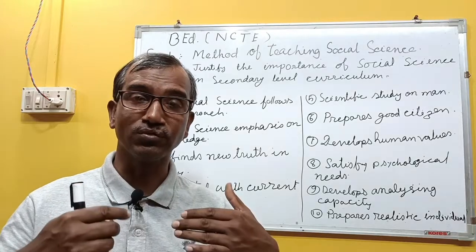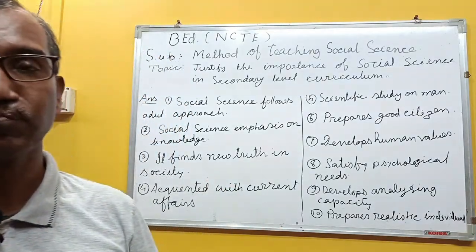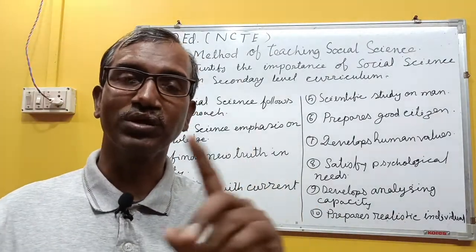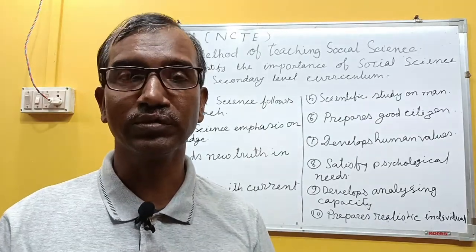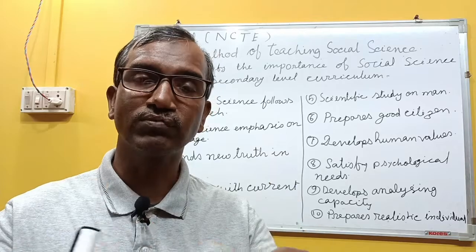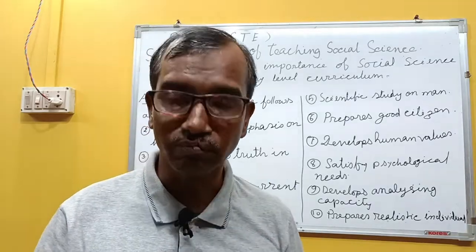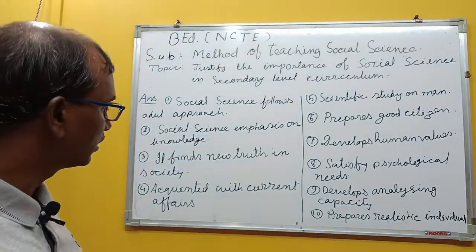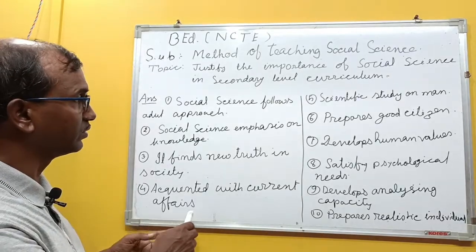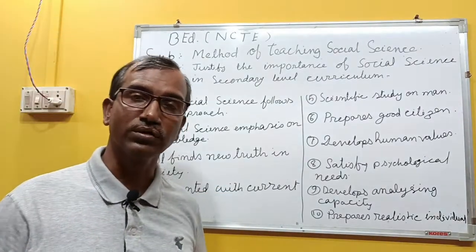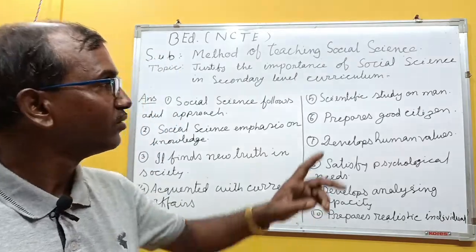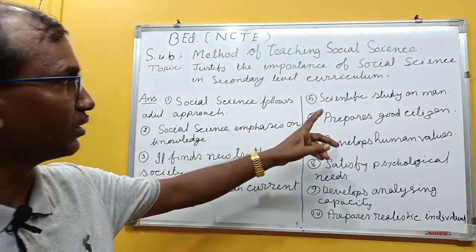Without history, without political science or civics, without the knowledge of economics, the concept of current affairs is meaningless. So to acquaint children with current affairs, we should include this subject in secondary level curriculum.